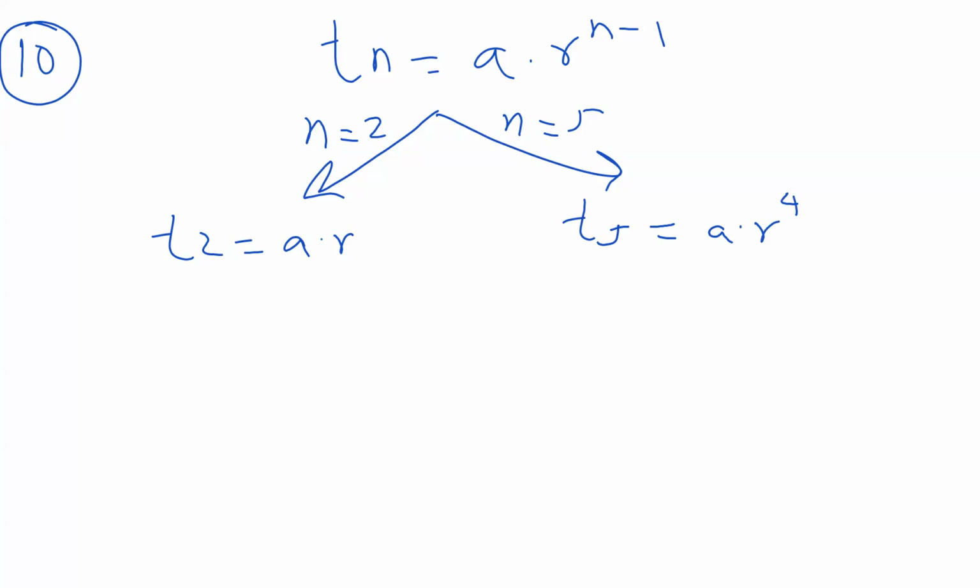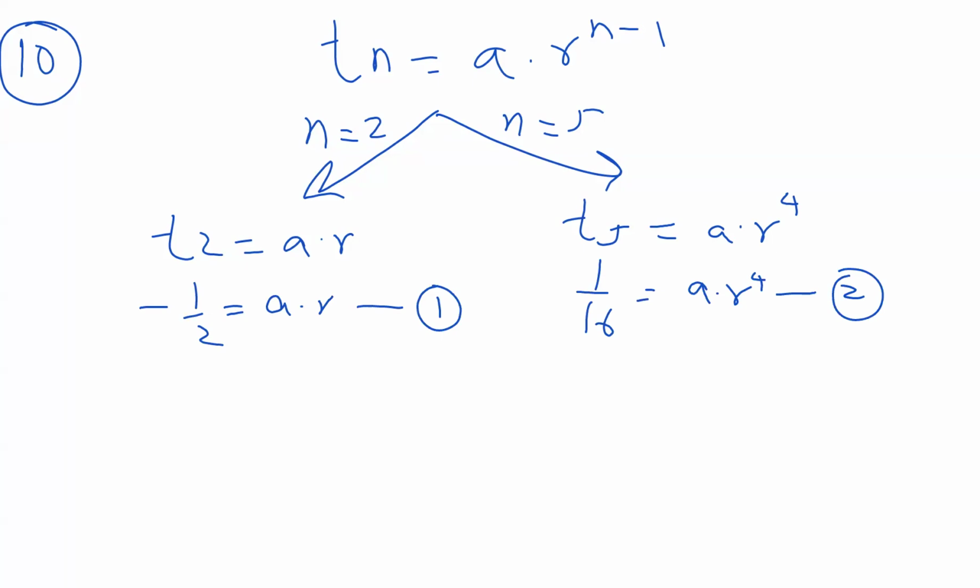Guys, what is T2 given in the problem? It's minus half. And what is T5 given in the problem? 1 by 16. Okay, equations 1 and 2. So 2 divided by 1: ar raised to 4 upon ar.